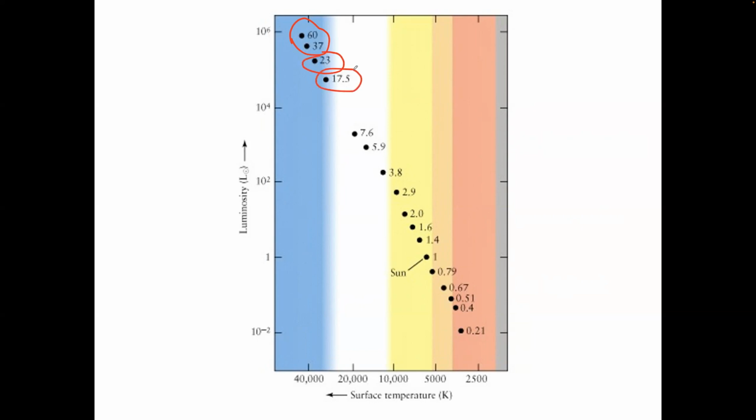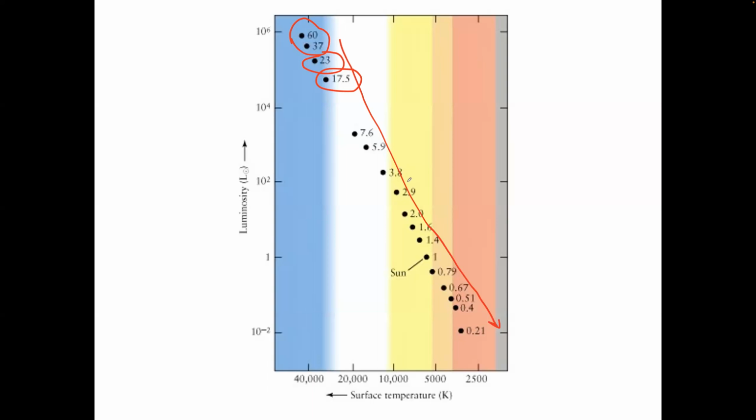Stars on the top left-hand corner of the main sequence usually have higher masses, right? So when you go down towards the lower right-hand corner of the main sequence, you can clearly see that the mass of stars goes down, right?